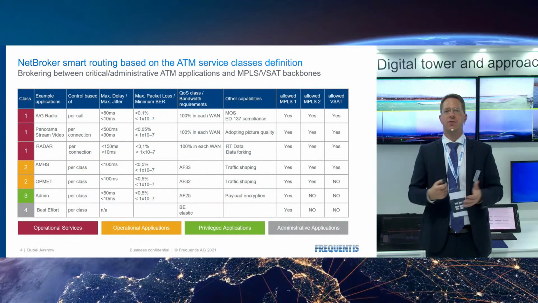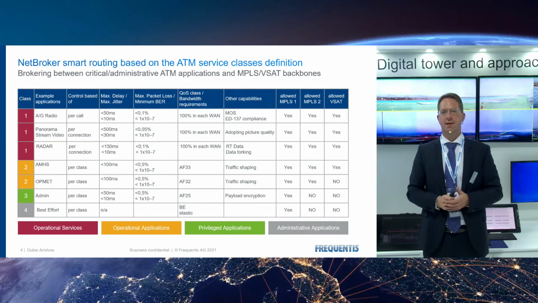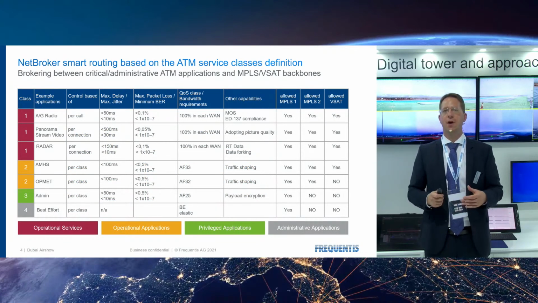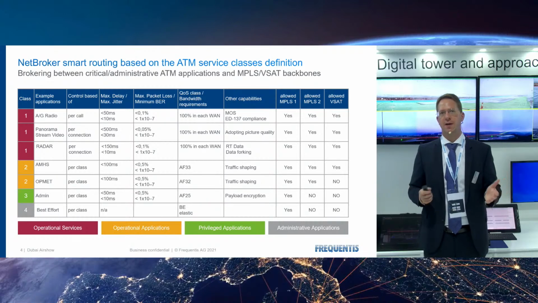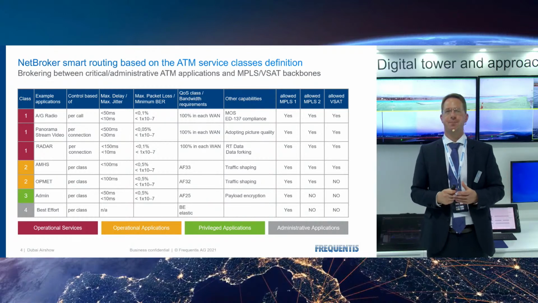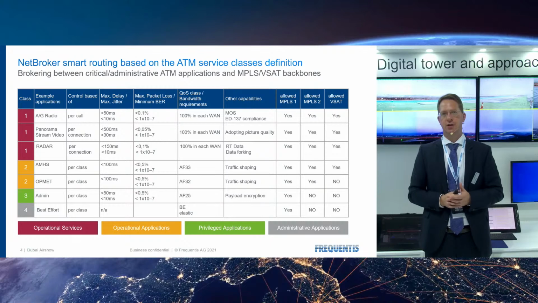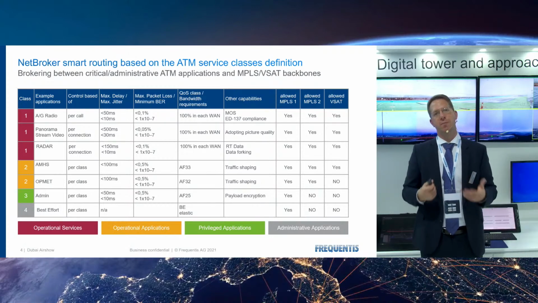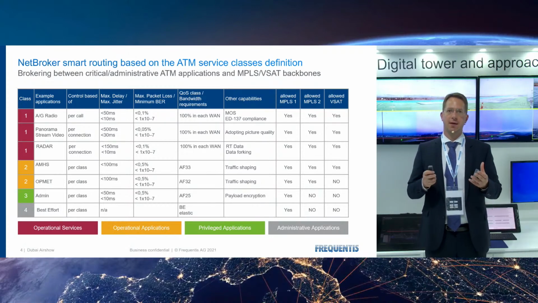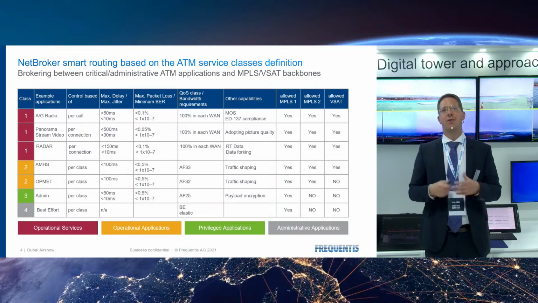And here you see an example of different service classes. So you see in red the operational services, and here of utmost importance, of course, is the voice communication. So the voice communication is essential. If nothing else works, then as long as the voice communication is working, you still can control the airport. But of course, the second most important application is the panoramic view.